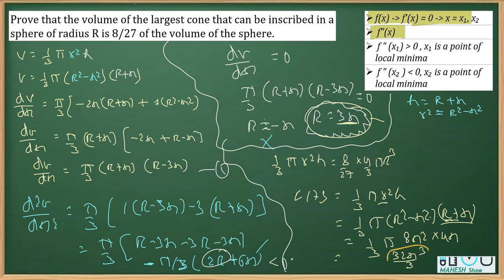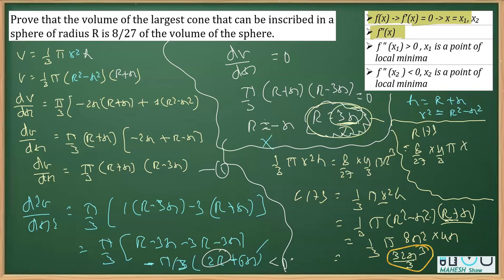Now I have to accommodate within the space only. I'm going to do the RHS. So this is our RHS. This is 8 over 27 into 4 over 3 pi R cube, and R cube is what? Cube of 3x, that is 27x cube.